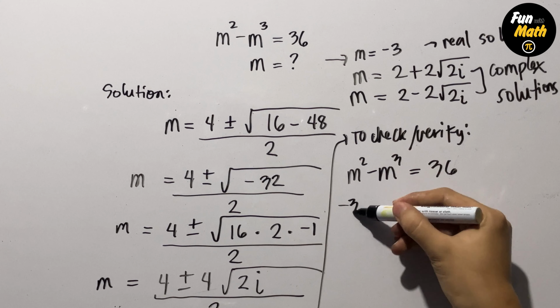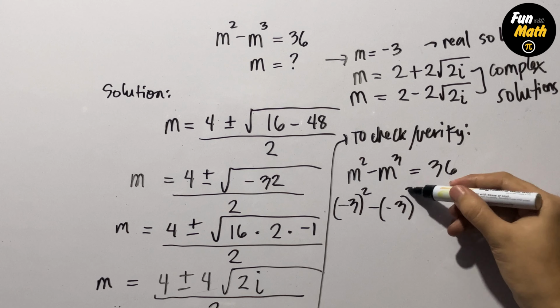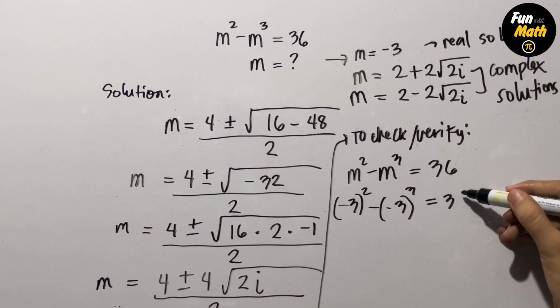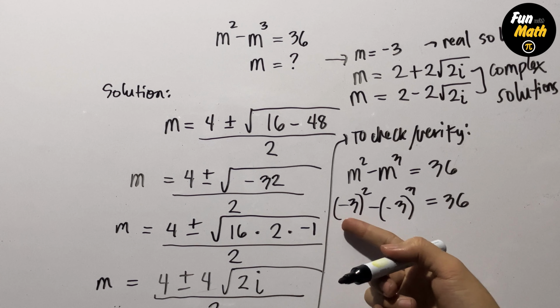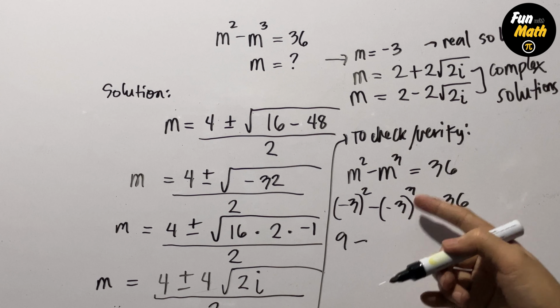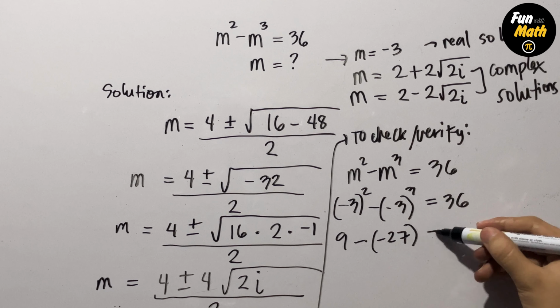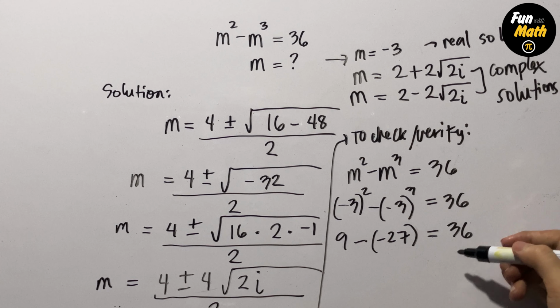So this is negative 3 squared minus negative 3 cubed is equal to 36. Now negative 3 squared is 9, minus negative 3 cubed, which is negative 27, is equal to 36.